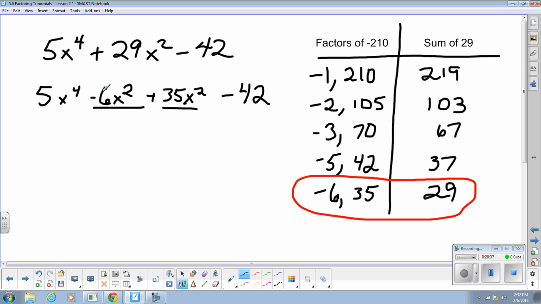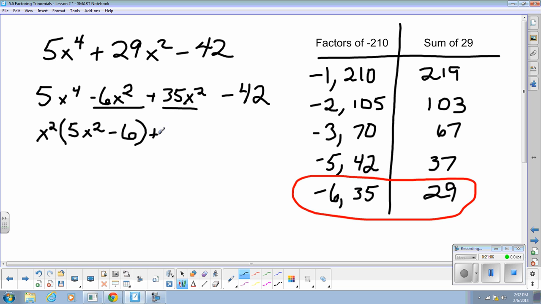So when I look now at the first two terms, the numbers don't have a common factor other than 1. However, x to the fourth and x squared do have a common factor of x squared. So I will write x squared, parenthesis, 5x to the fourth divided by x squared, 5x squared, negative 6x squared divided by x squared, minus 6. Now I look at the factoring by grouping for the last two terms.